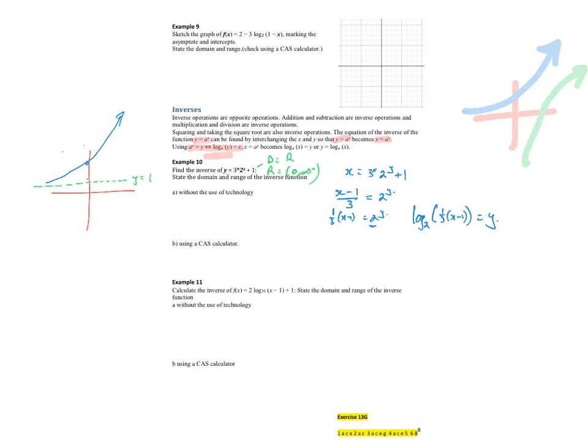Now to state the domain and range of this function, we don't leave it as y, do we? We'll write it instead as y inverse, so let's rub that y out. So y inverse is equal to that. The domain of y inverse is equal to the range of y, which was, what did we say the range was? From 0 to infinity.